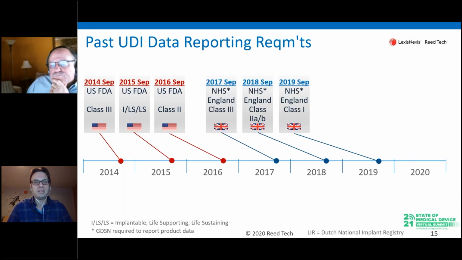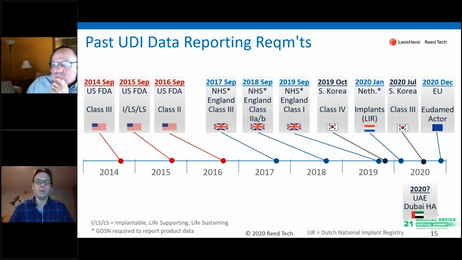Then we had the NHS with the e-procurement initiative that started off in 2017 for medical device products, and that's flowing in as well with risk-based sequencing. Likewise with South Korea in 2019 coming on board with their class 4s. We have the Netherlands with the Dutch implant registry in January of this year, 2020. And South Korea had their next phased mandate of class 3 in July of this year.